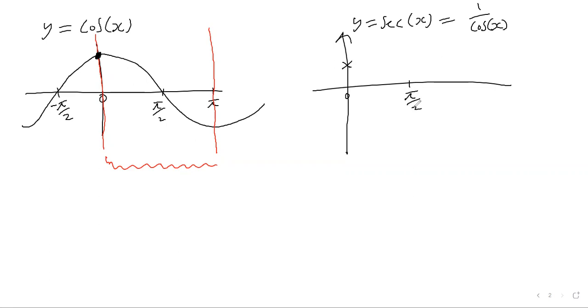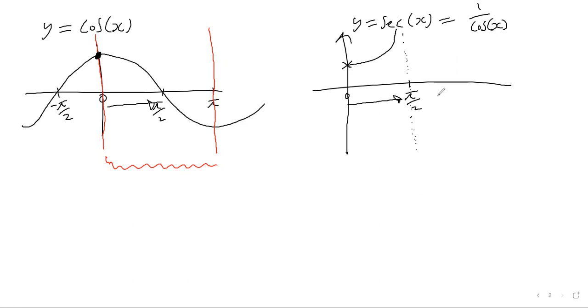As x increases to pi over 2, cos decreases and gets closer and closer to 0. So 1 divided by a number getting closer and closer to 0 tends to infinity. You get something like this, which goes up like that, and you get an asymptote at pi over 2, because cos of pi over 2 is 0 and 1 divided by 0 is undefined for this sec function.